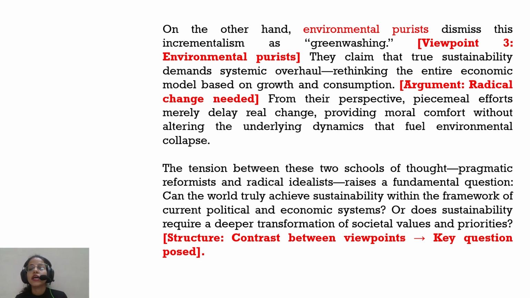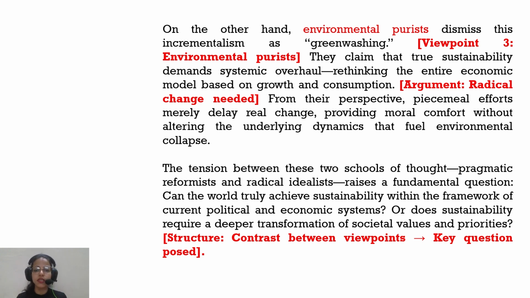To them, sustainability is not an idealistic utopia, but a realistic adaptation to global challenges. On the other hand, environmental purists dismiss this incrementalism as greenwashing. Now, a third party has been introduced, the environmental purists, and their viewpoint is then further introduced. They claim that true sustainability demands systemic overhaul, rethinking the entire economic model based on growth and consumption. So, contrary to what was discussed in the previous paragraph, that some incremental baby steps are required for sustainability practice, the environmental purists are saying no, these small steps are not going to be helpful.